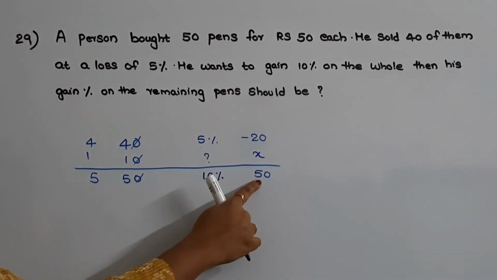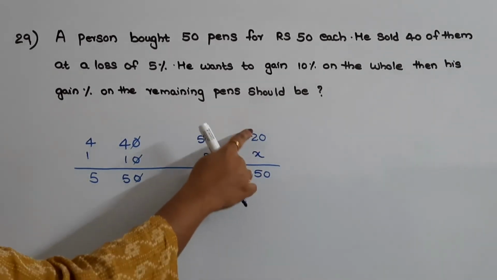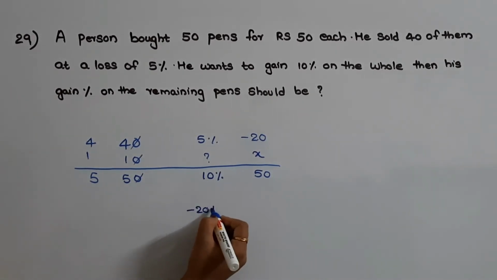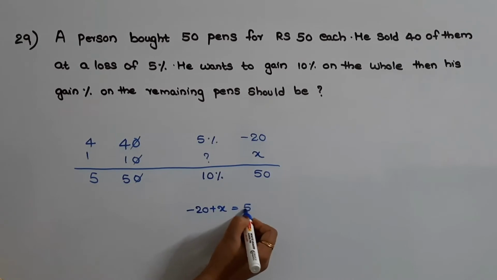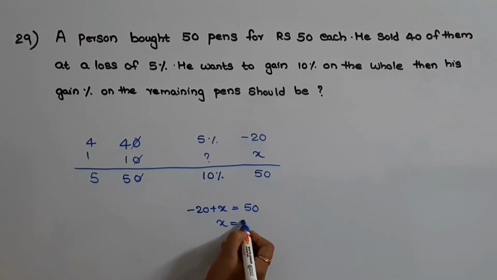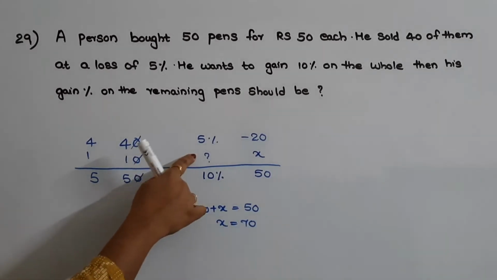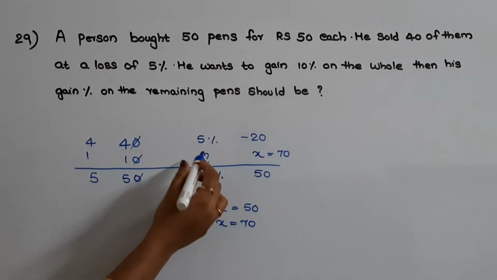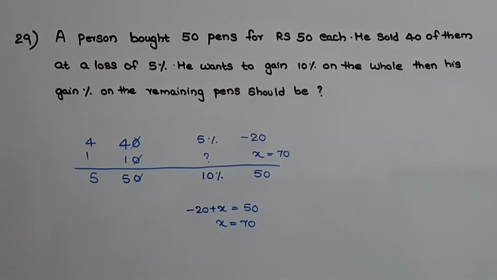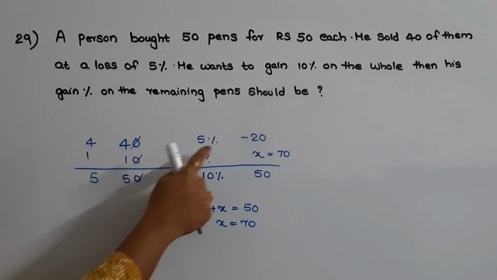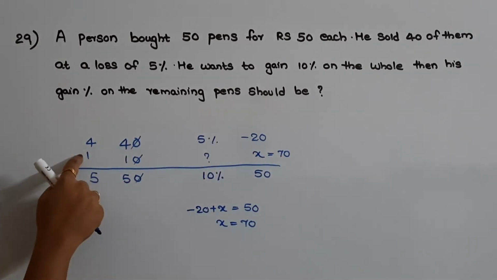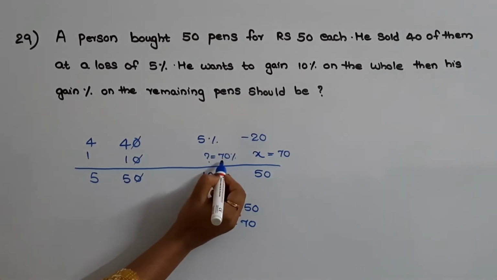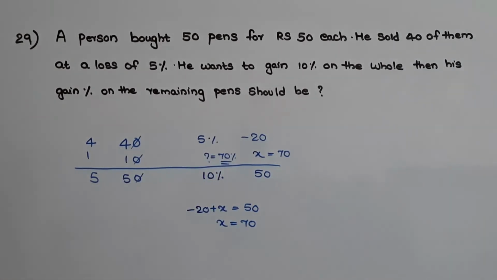So this 50 will be equal to the sum of these two. That is minus 20 plus x will be equal to 50. So x will be equal to 70. But we need to find the profit percentage, so we divide this 70 by 1. Then this will be equal to 70%. So this is the answer.